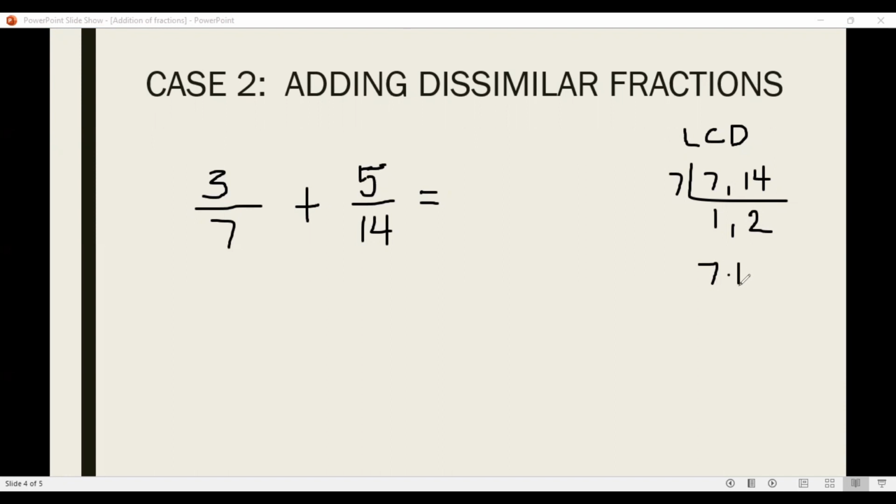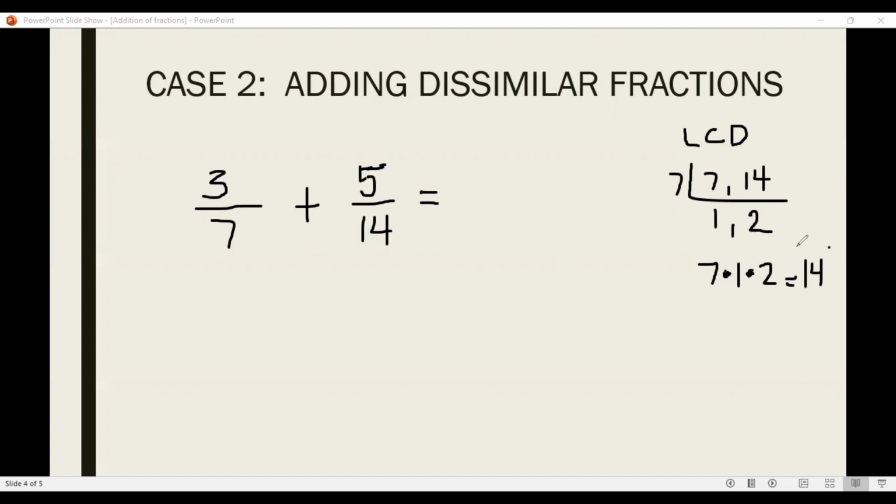So 7 times 1 times 2 is equivalent to 14. If you can do that mentally, there is no problem with it.